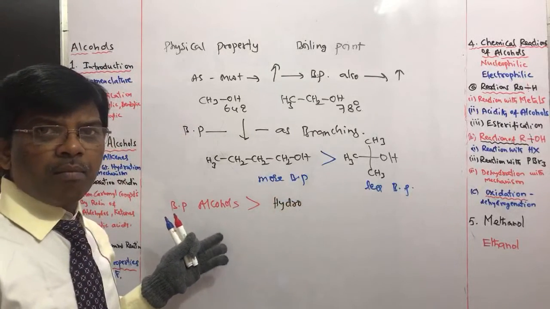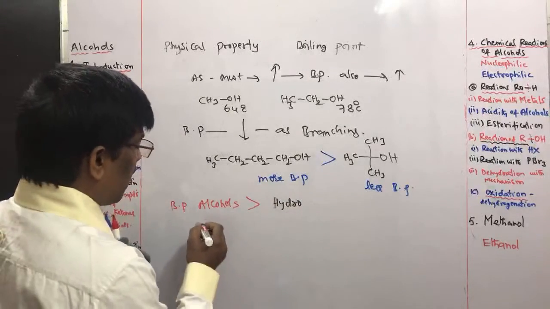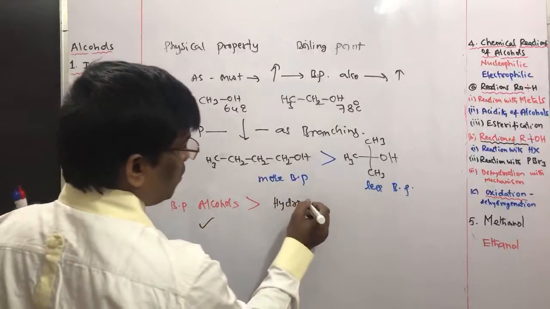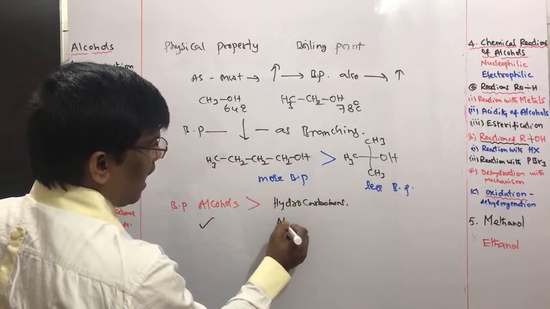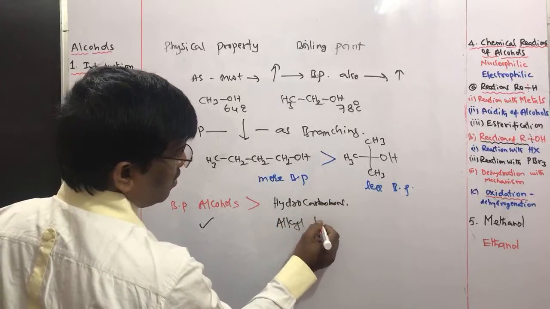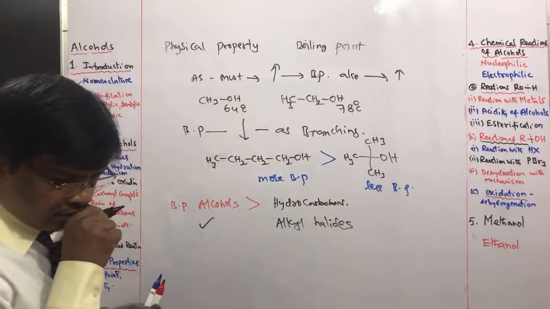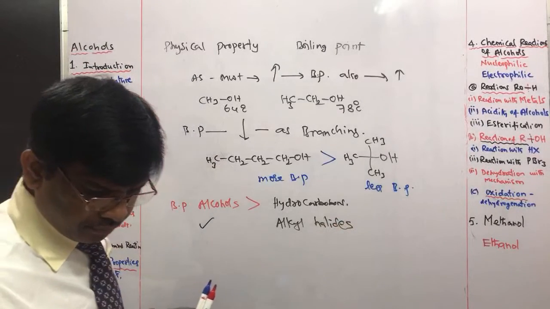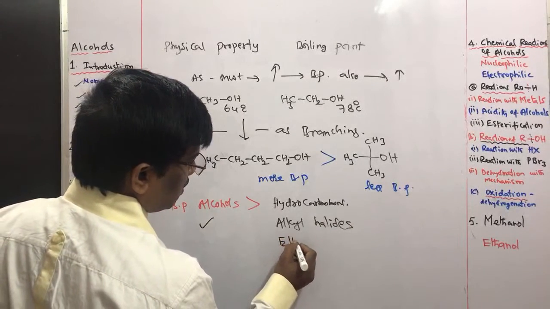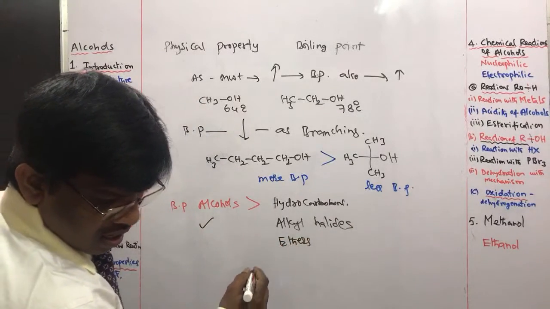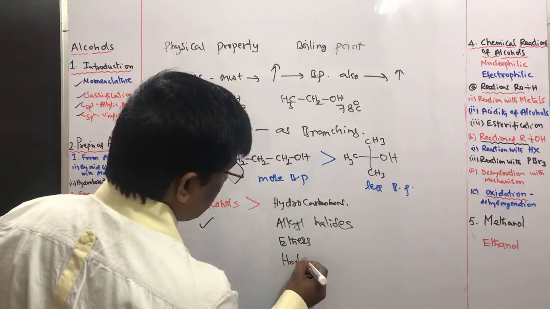If you take compounds of the same molecular weight, alcohol boiling points are higher with respect to hydrocarbons, alkyl halides, ethers and haloarenes.